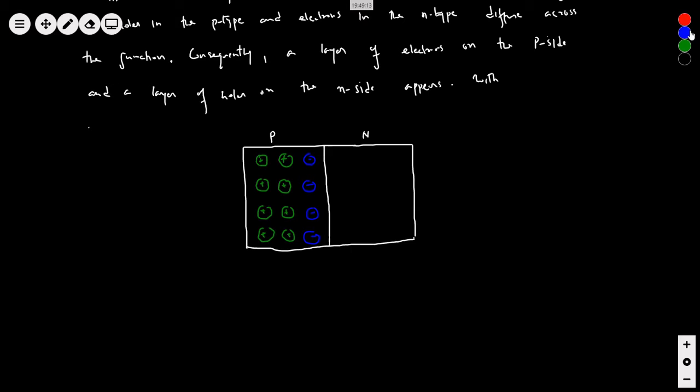So there are some holes here, and these are electrons.